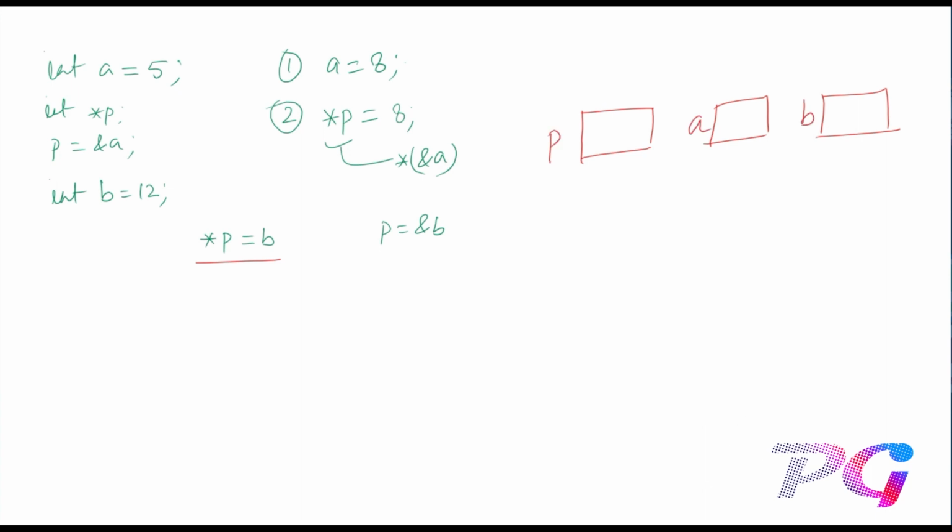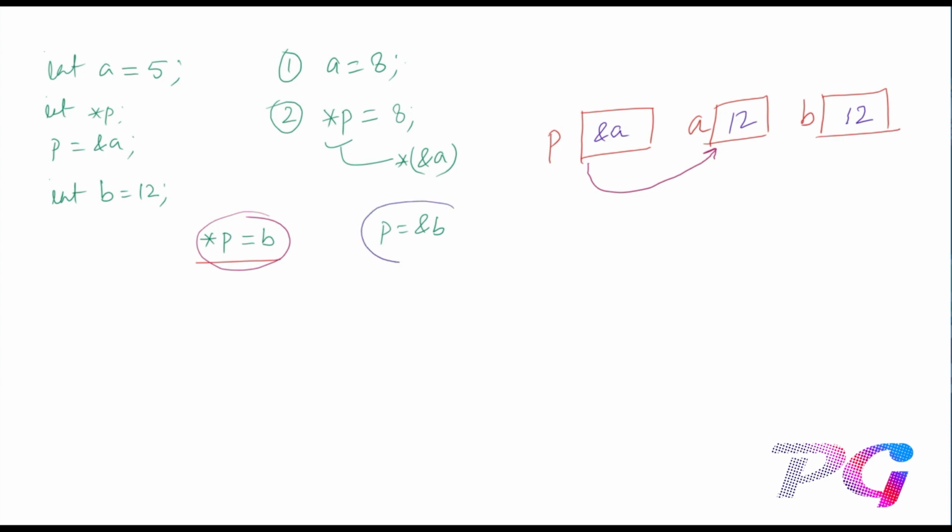Suppose the value of a is 5, the value of b is 12. Now when p is ampersand a, it means p is pointing to a. So the value at the address p is 5. Now if we use asterisk p equals b, it means the value at the address p will be updated with the value of b. It means we are updating this value with 12.